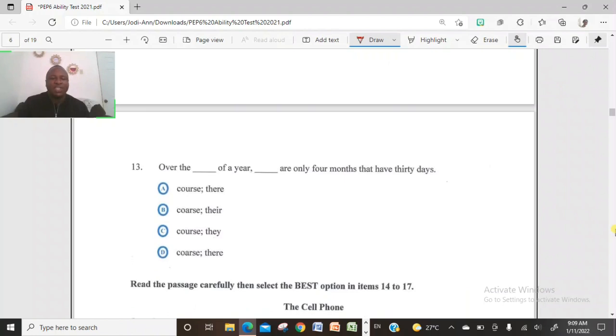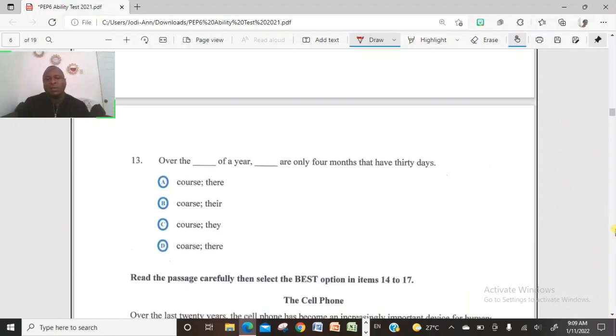Question 13. Over the dash of a year, dash are only 4 months that have 30 days. So we have course and course. Now, one has to deal with direction, one has to deal with texture.